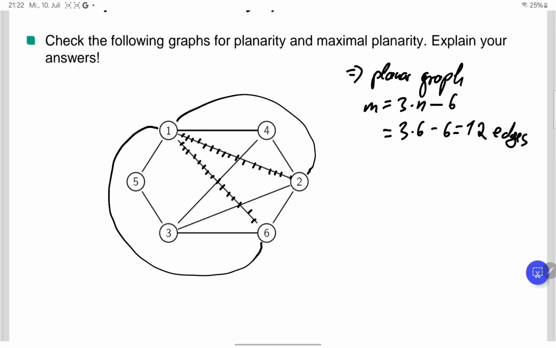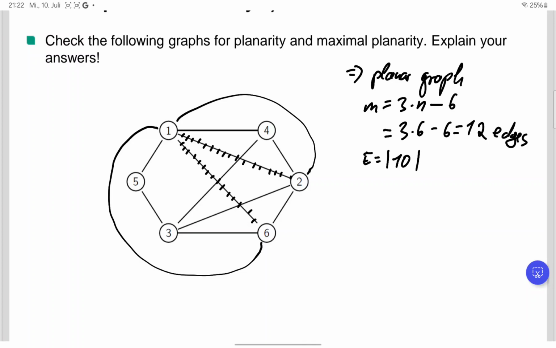Okay, however, if you count that, we currently have a graph that has only 10 edges. Okay, so that means it cannot be a maximal graph, it cannot be a deltahedron. Okay, because otherwise this relation would hold. We would need 12 edges.